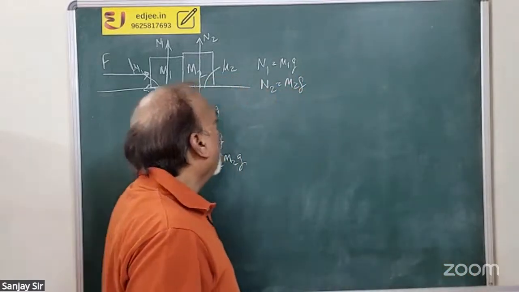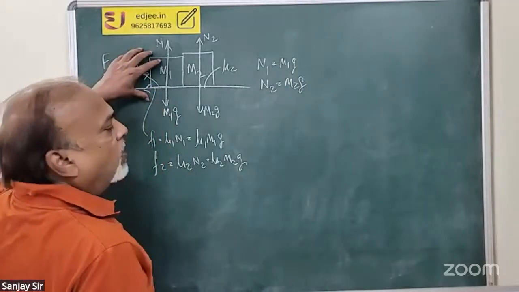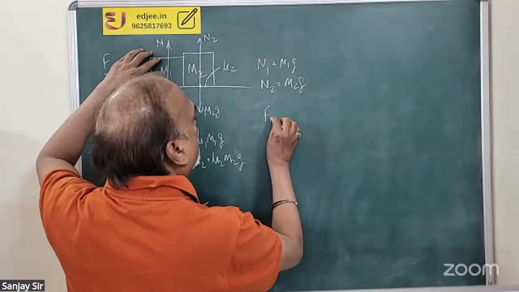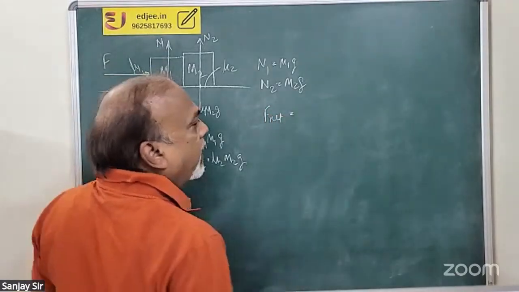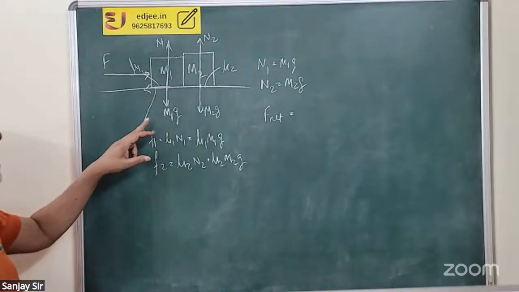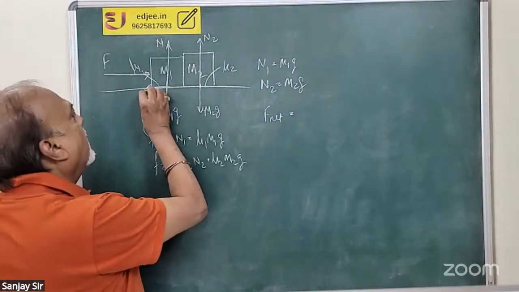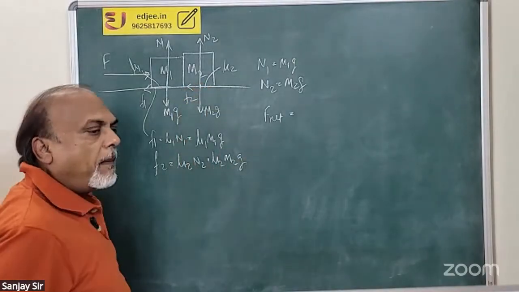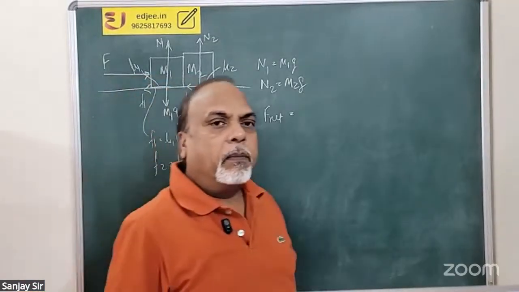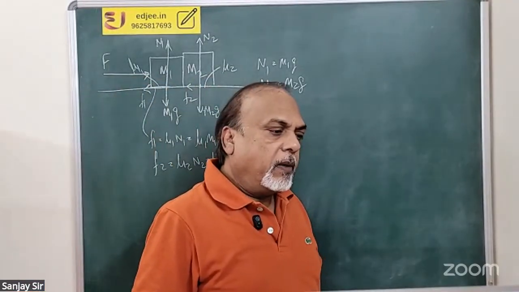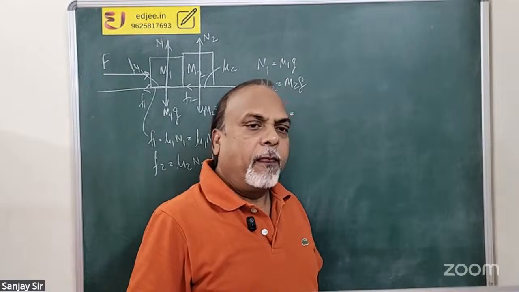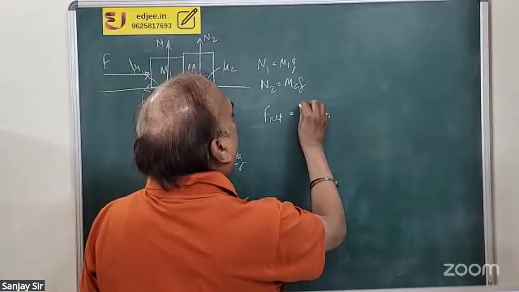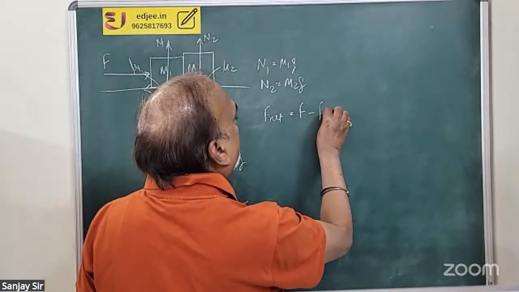Now let us find out first what is the net force acting on this block, because friction force is there. F1, here it will be F2. Correct. This will be F minus F1 minus F2.